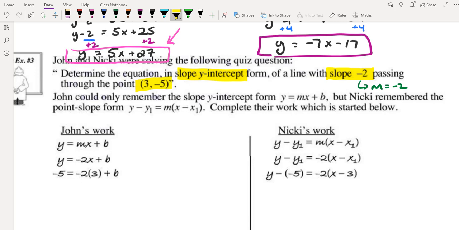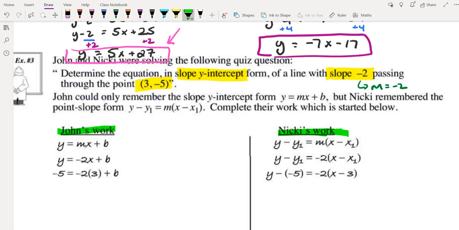So we have two students working here, John and Nikki. John couldn't remember the point slope formula, and he only remembered y is equal to mx plus b. So that's how he started his work. Whereas Nikki started with the point slope form.